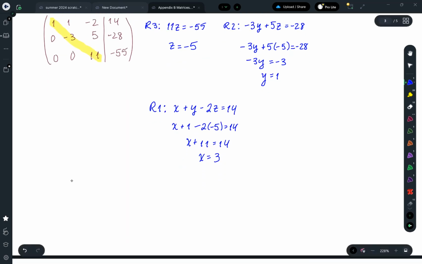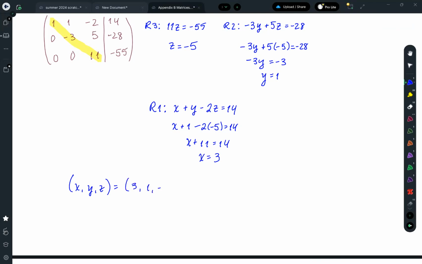And so what I found here is that x, y, z, the ordered triplet, is equal to the point 3, 1, -5. So that's where the three walls are intersecting in one point.